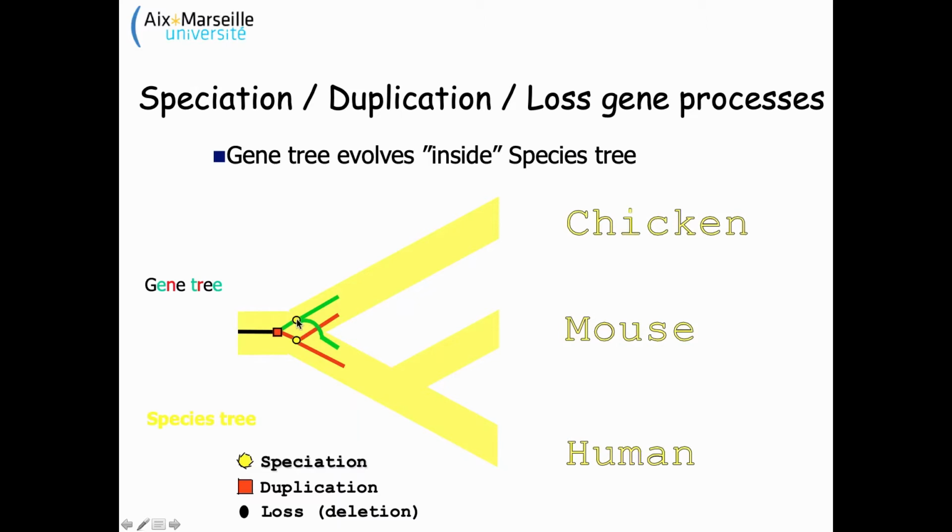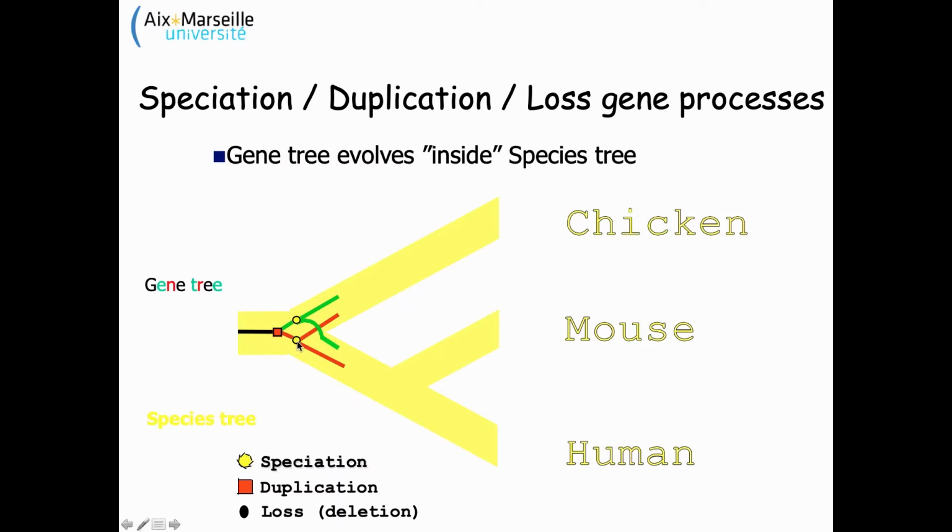So you will have one copy in green that will continue in chicken, and another copy in human. That is a speciation. The same copy goes in one species and in another one. I hope it's clear for everyone.